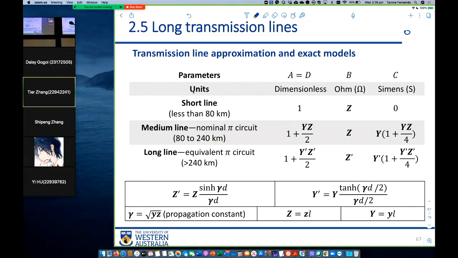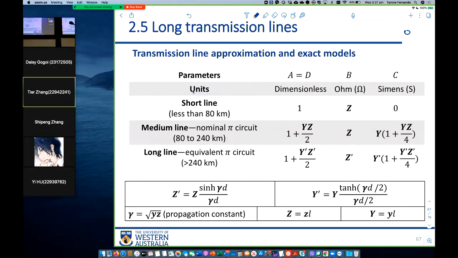Again, the ABCD matrices for the long transmission line, you can see it has the same form as the medium line, except Y and Z have been modified. How to modify Y and Z to get Y dash and Z dash is given here in this table. Gamma is the propagation constant, which is the square root of YZ.